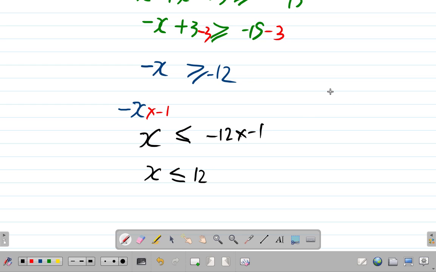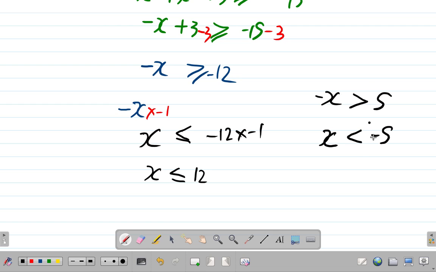So here, if you have negative x is greater than 5, when you change the sign of x from negative to positive, it will become positive x. You're going to have positive x is less than negative 5.